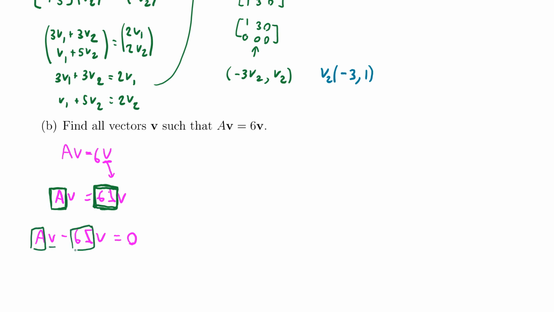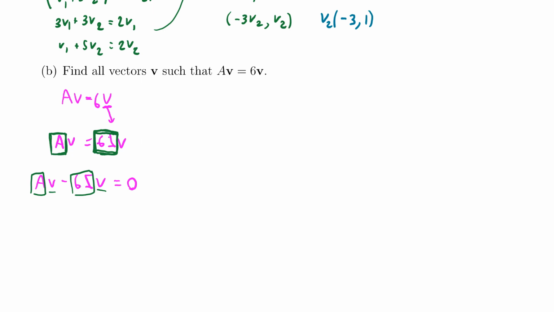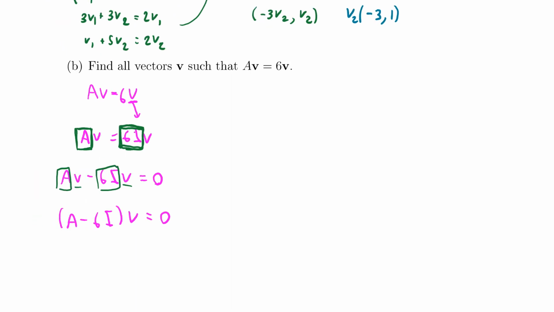This is a matrix multiplied by a vector. When this happens, I can actually pull out the vector v. That means this thing is the same as saying that A minus 6I times v equals 0. A minus 6I is a matrix. I multiply this matrix by a vector, and I get a 0.